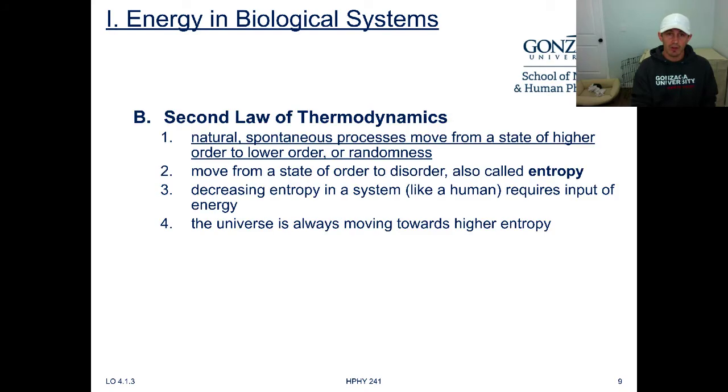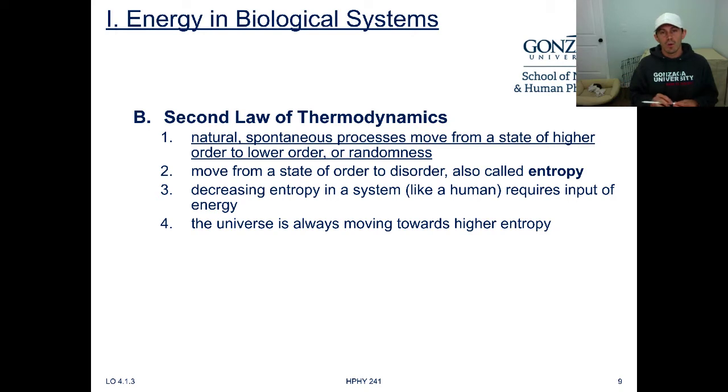Okay, so that's the first law of thermodynamics. The second one, the way I just remember it, is that the second law is entropy. Okay, and if you can remember what entropy is, then you know the second law. This second law says that natural spontaneous processes always move from a state of higher order to lower order.